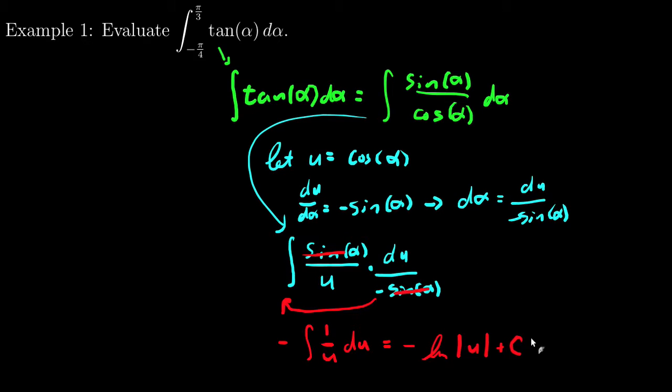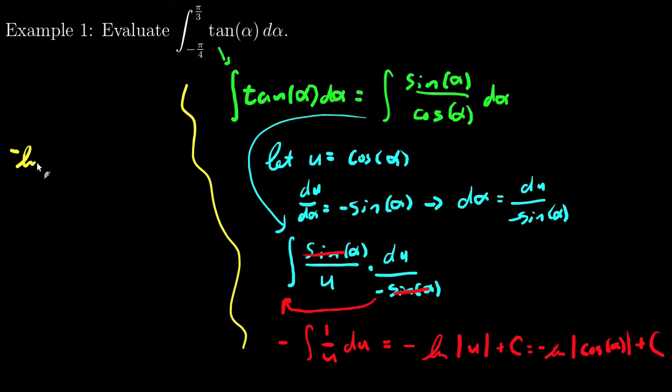But u was cosine alpha, so this will be negative natural log of the absolute value of cosine of alpha plus c. This is not the method I actually recommend. I changed back into alphas, and so now I can just evaluate the negative natural log of the absolute value of cosine of alpha from negative pi over 4 to pi over 3.